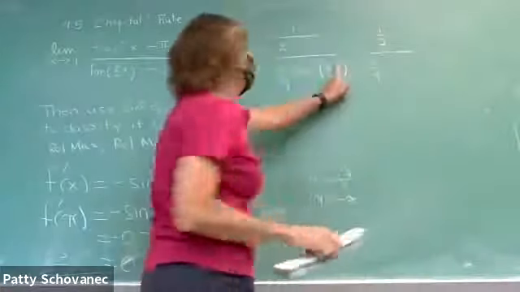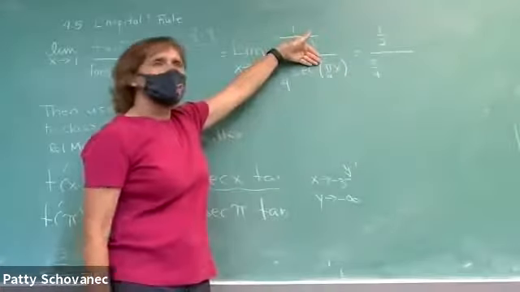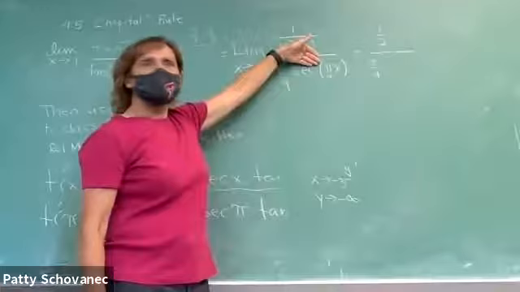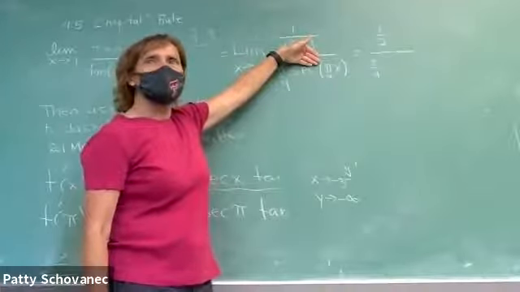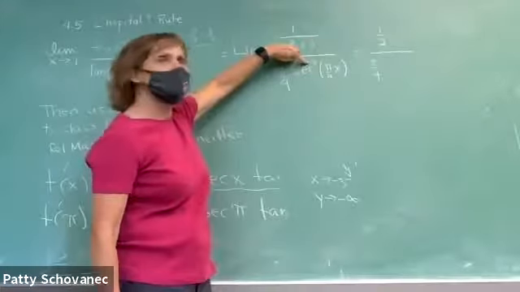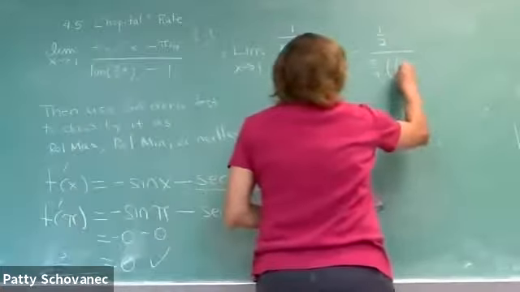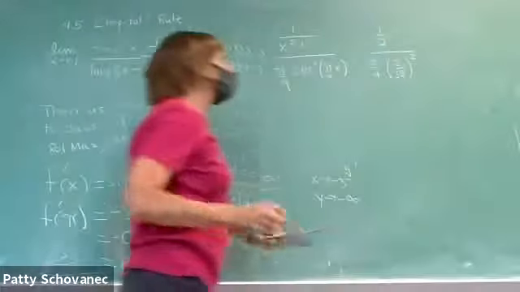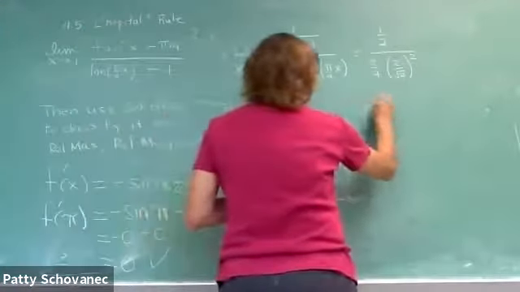A 1 here is asking you to find the secant of pi over 4, which is 1 over the cosine of pi over 4. 2 over the square root of 2. Now square it. 2 over the square root of 2 all squared. And so there's the half on top.